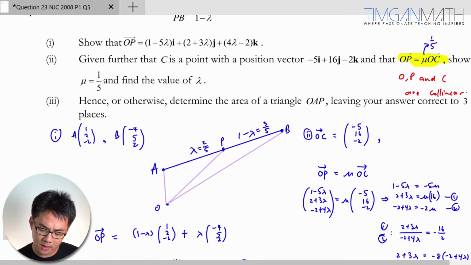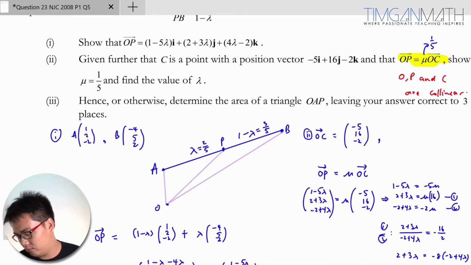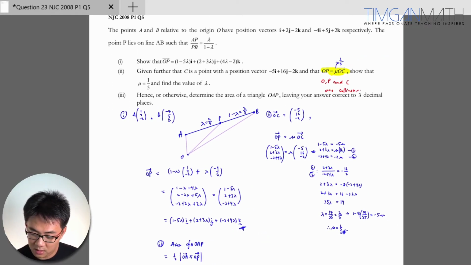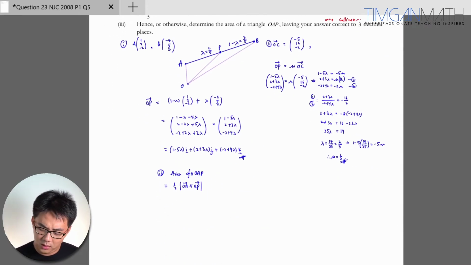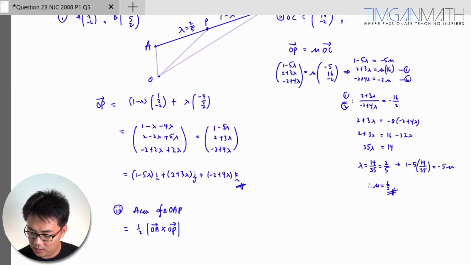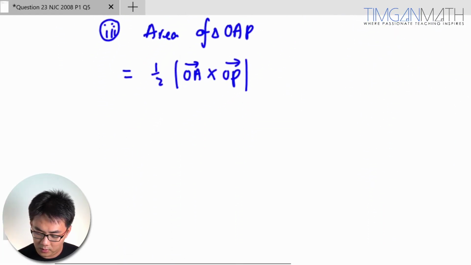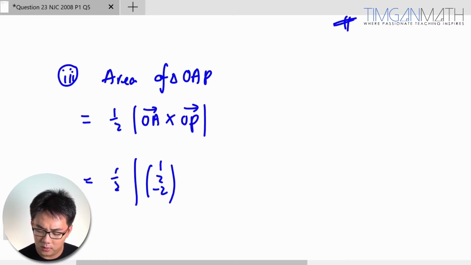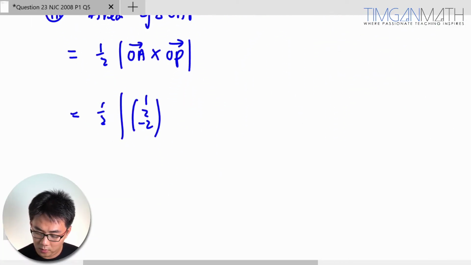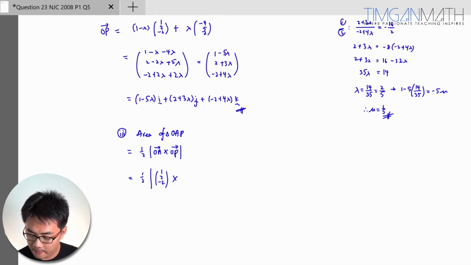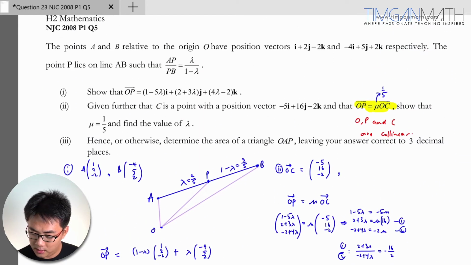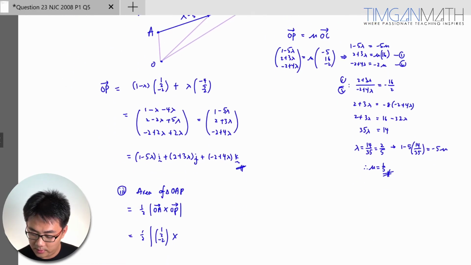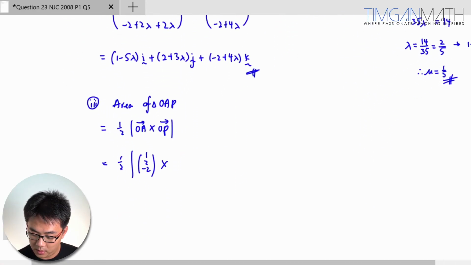So OAP, nothing interesting here. Anyway, I'll just do this. OA is 1, 2, minus 2. And OP, well, OP just sub inside here and solve for the OP.